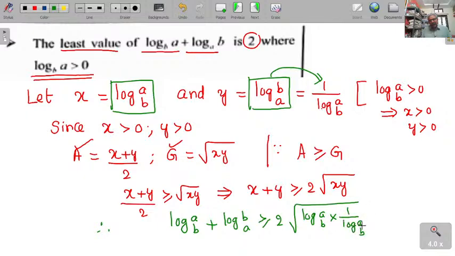Now log a to the base b cancels out, so this is greater than or equal to 2 root of 1, that is 2.